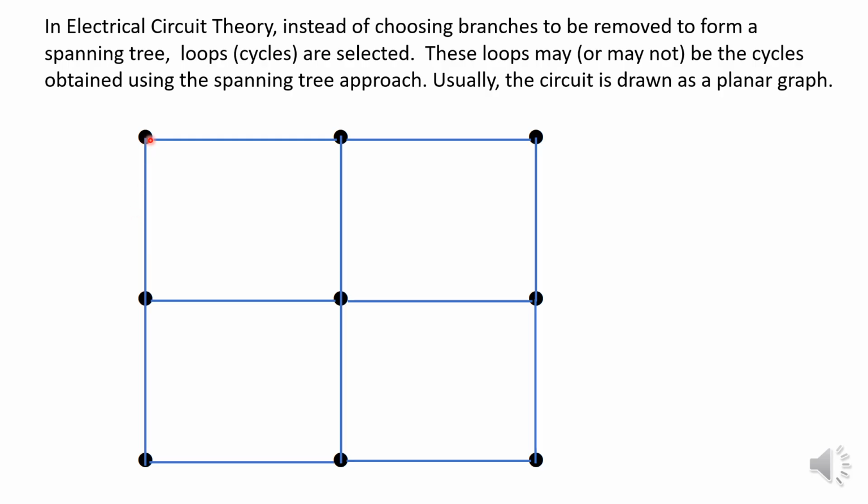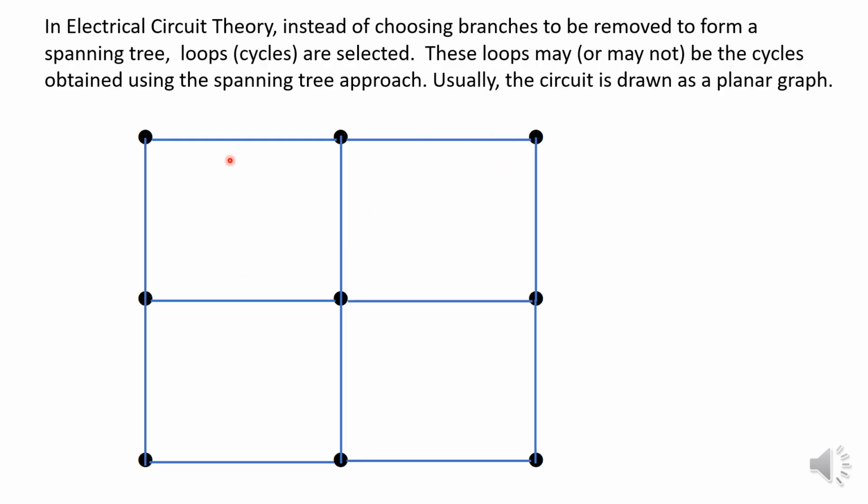So in the method of loop currents, the circuit is usually drawn as a planar graph. This is an example of a planar graph. I'll say more about planar graphs later, but basically you do not have the branches crossing each other. They only meet at the vertices.